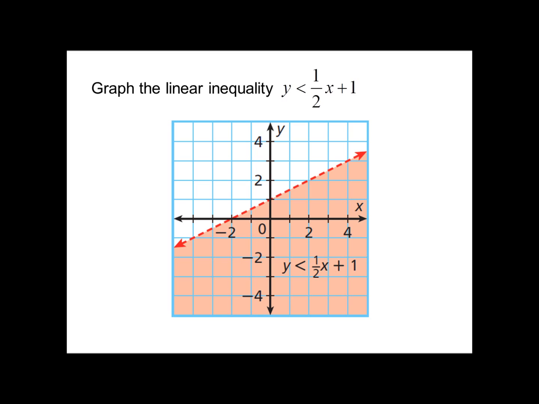As long as the boundary line doesn't go through (0, 0), I like to use it as a test point. If I plug in (0, 0), that is I'm plugging 0 in for x and 0 in for y, I find out that the point works because it becomes 0 is less than 1, and that's a true statement. Since (0, 0) works, that means that every point on that side of the line will work, so that's the side that I shade.